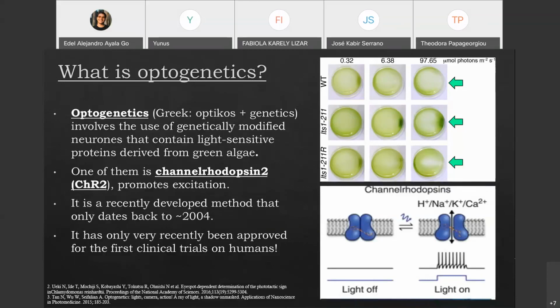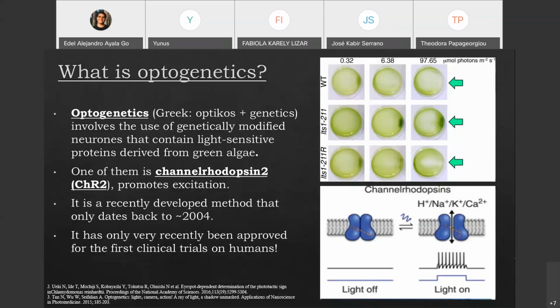These neurons contain protein ion channels that cause this, and one of those proteins is channel rhodopsin 2, which promotes excitation.